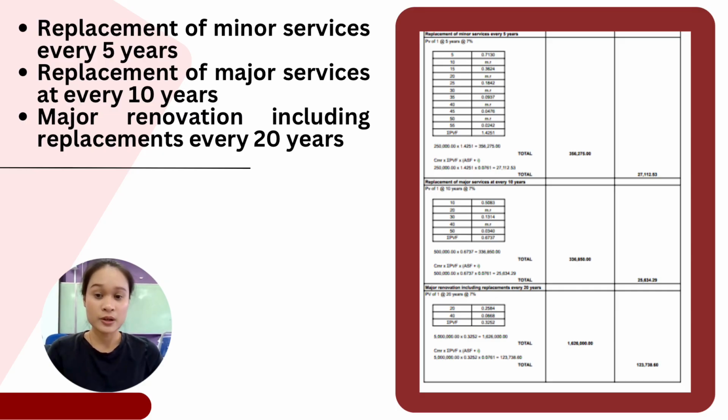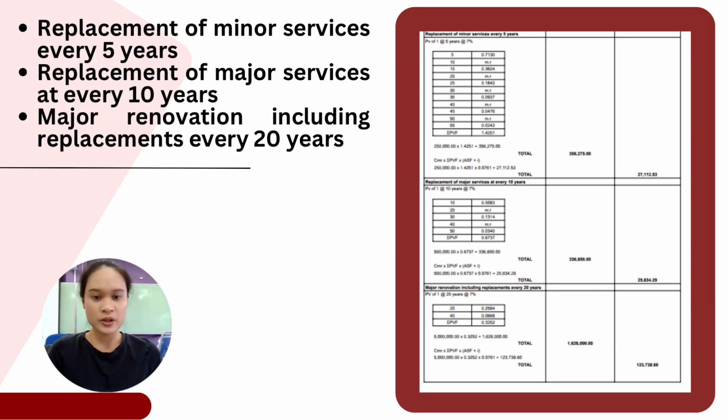For the present value method, we multiply the replacement cost of 250,000 ringgit by the total PV factors of 1.4251, which is the sum of the PV factors for the relevant 5 years intervals.